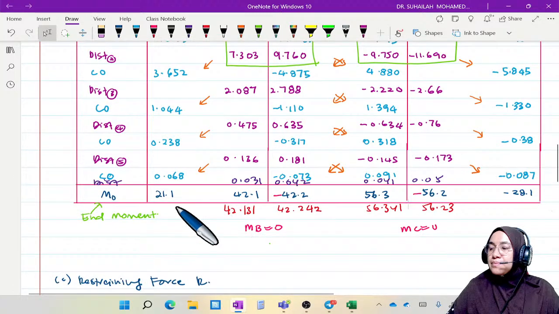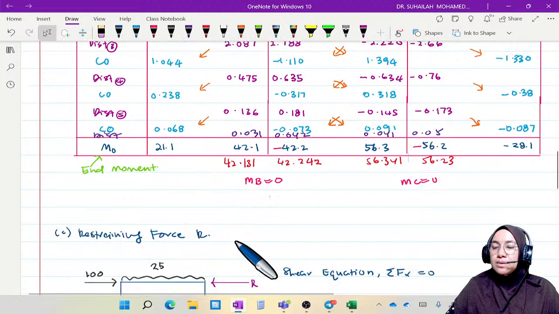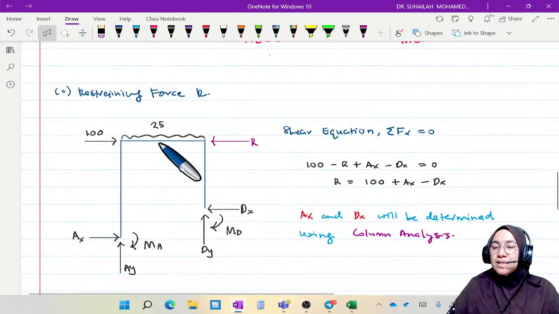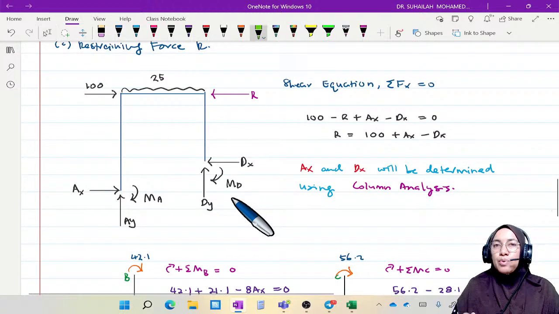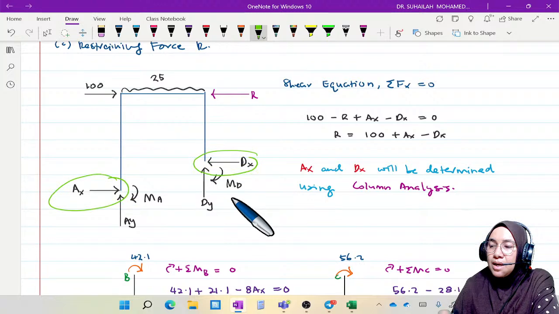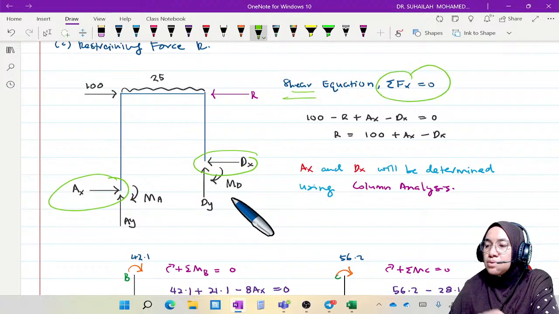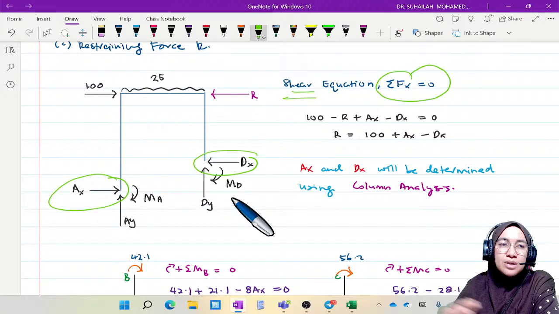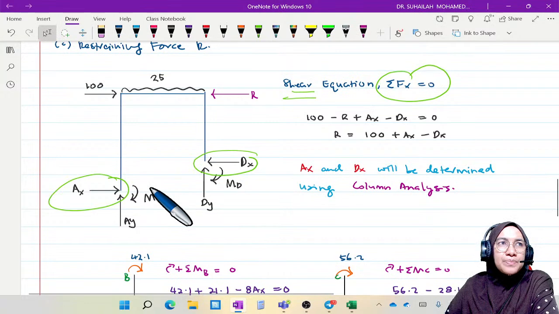So we continue with restraining force calculation, the R value. To calculate the R value, we must analyze the sides, the non-sway frame, by drawing the free body diagram and putting the reaction at the support, especially the horizontal reaction. What we need is the shear equation, which is total Fx equal to 0.